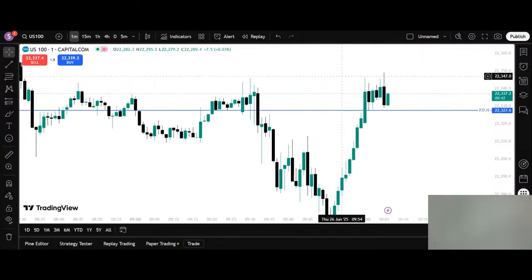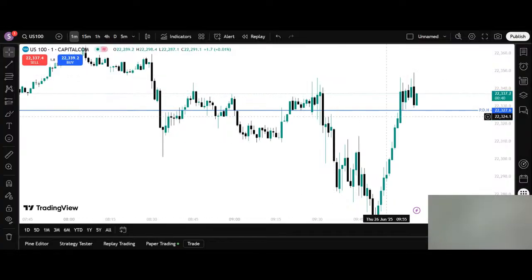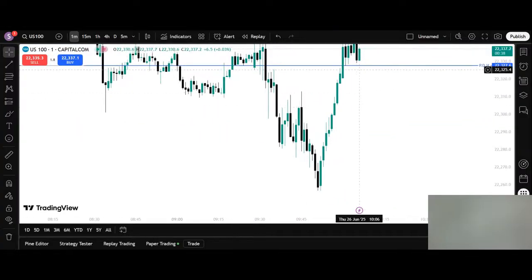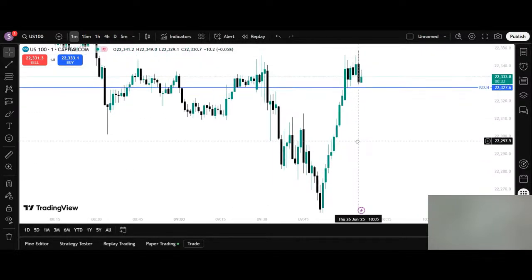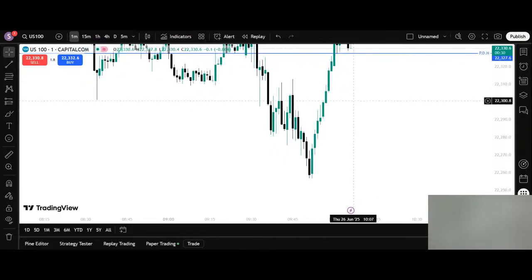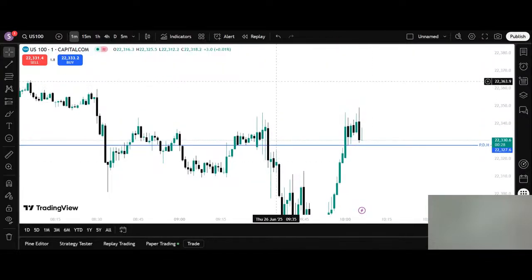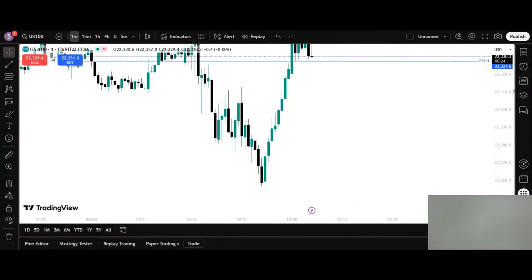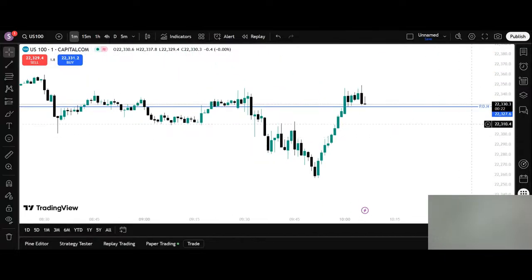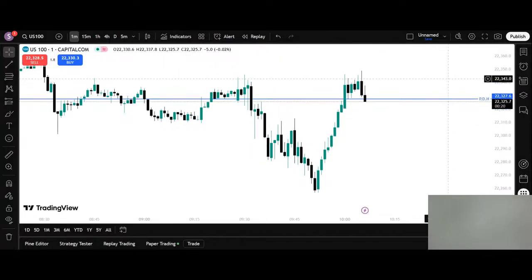But we need to find a good entry, because if we take a trade now, we have to put our stop loss down here, and that's a very big stop. And our target is not that much. Our target is only 400 ticks above. So we're gonna have to wait and see if price gives an entry.